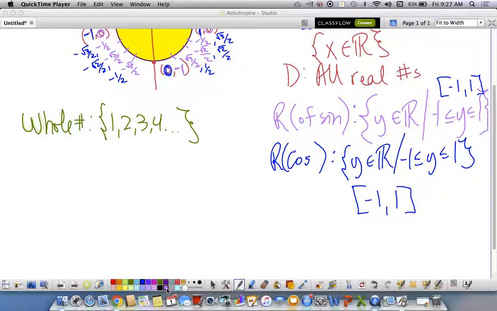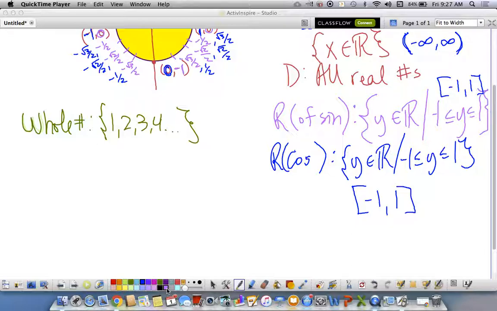What about all real numbers? What do you think it would be for all real numbers? Negative infinity to positive infinity. I did something a little different in that one. I did parentheses and not brackets.